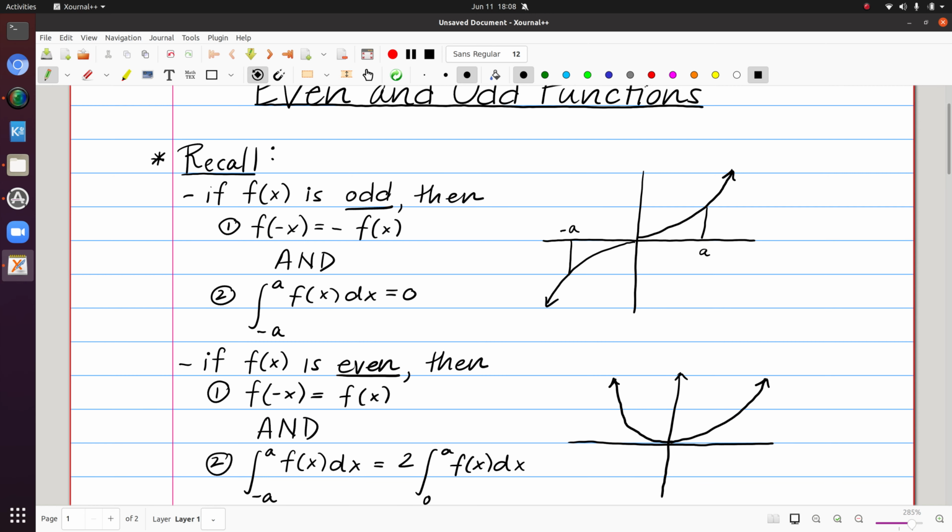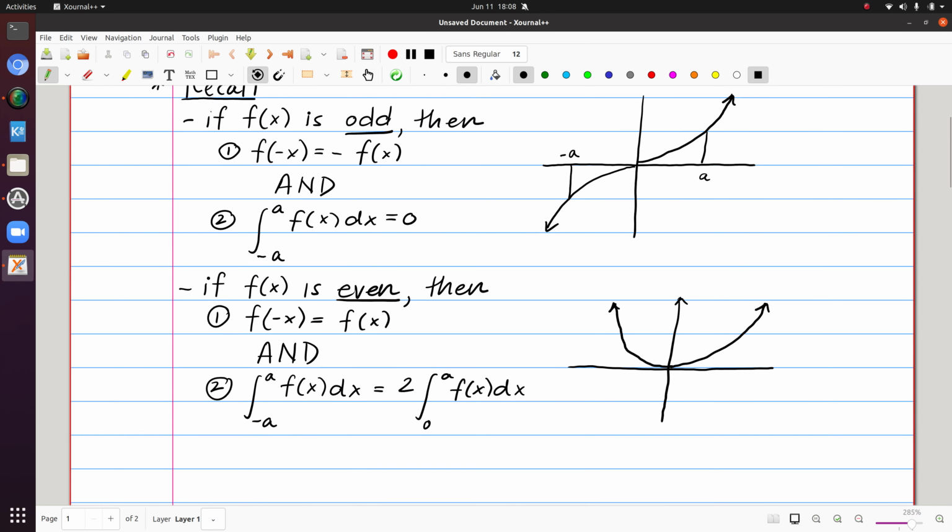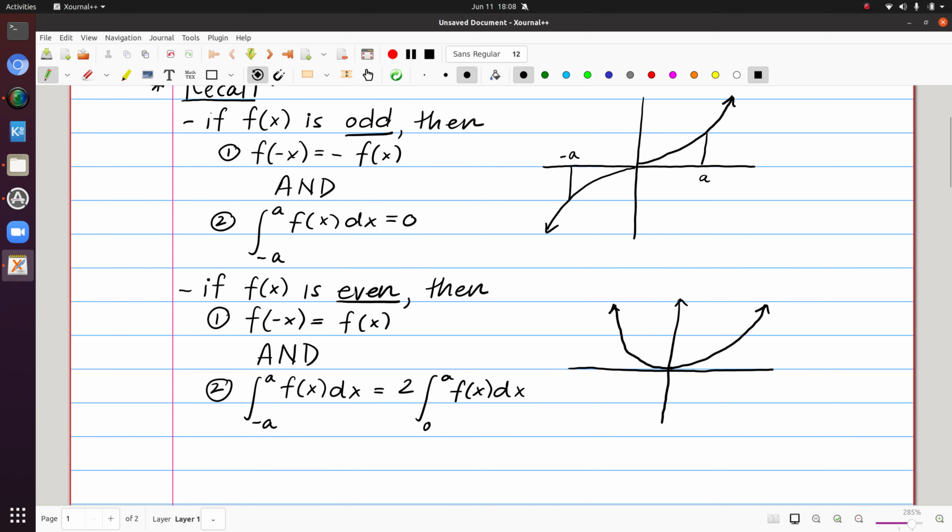There should be some symmetry across the y-axis there. Consequently, the area from minus a to 0 should be exactly equal to the area from 0 to a. And that leads to our integral expression below. So the integral from minus a to a is twice the integral from 0 to a. Likewise, I could say it's twice the integral from minus a to 0.